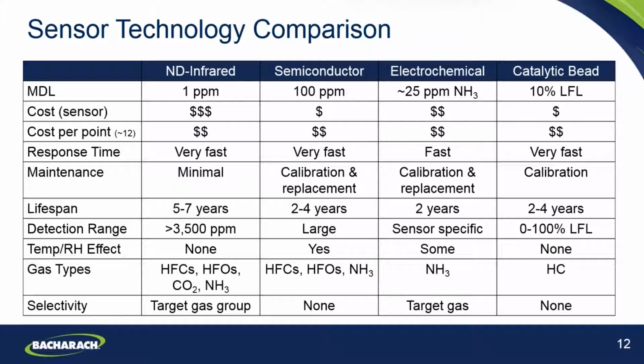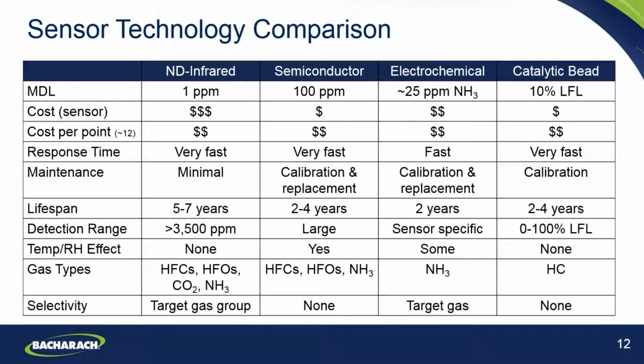Catalytic bead, of course, monitoring from 0 to 100% of the lower flammability level. Electrochemical sensors have very sensor-specific detection ranges. So you may, for example, have a sensor that has a range of 0 to 100 parts per million, and a different sensor type could have a detection range of 0 to 1,000 parts per million. So depending on what levels you're needing to detect at, you need to select the appropriate sensor type there.